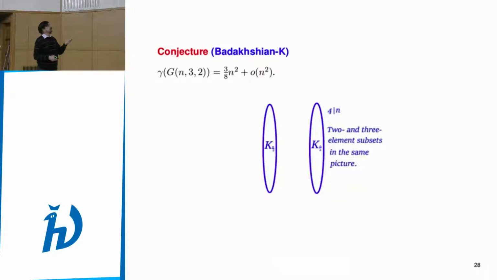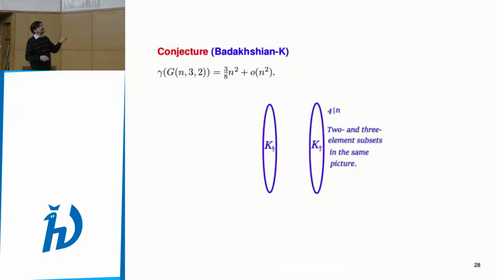Take a bipartite graph with these 2 parts, so n half elements here, and we will have 2 and 3 element subsets all together on the same picture, so it will be a little bit confusing.